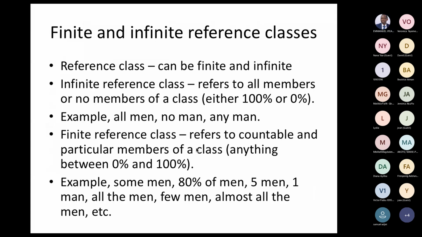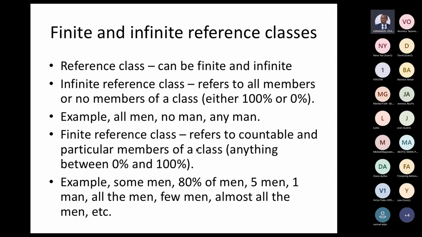Then we saw the finite and infinite reference classes. Reference classes can be finite and infinite. The infinite one is the class that refers to all members or no members of the class, either 100% or 0. Then the finite reference class refers to countable members of a class between 0 and 100%.